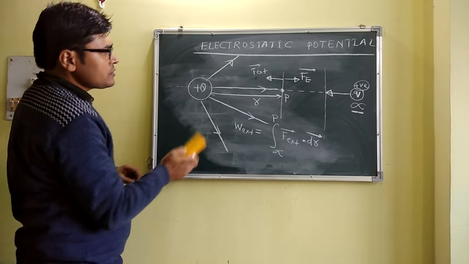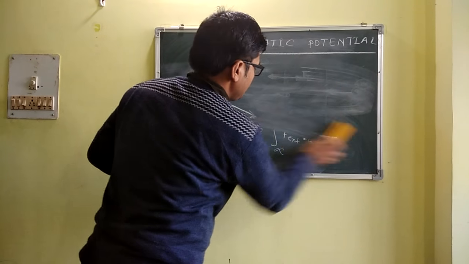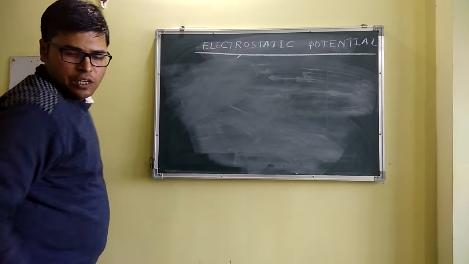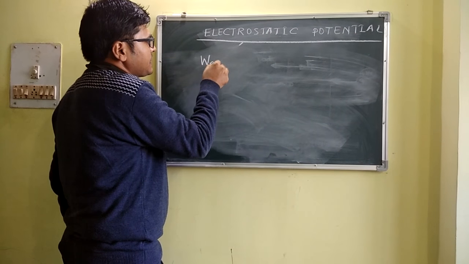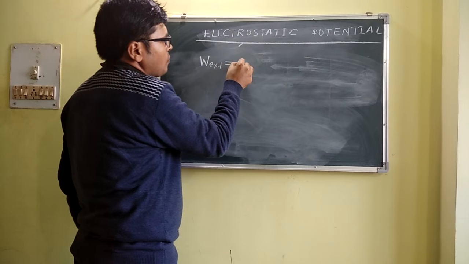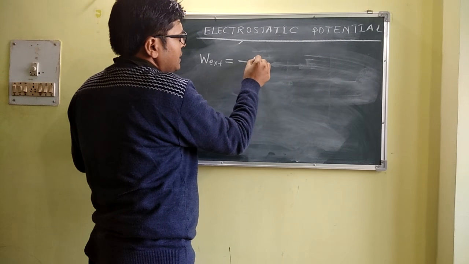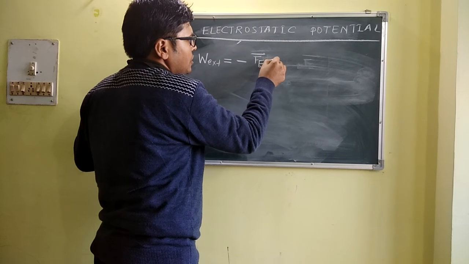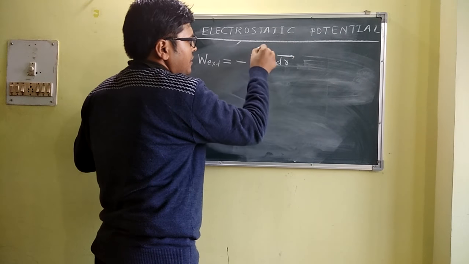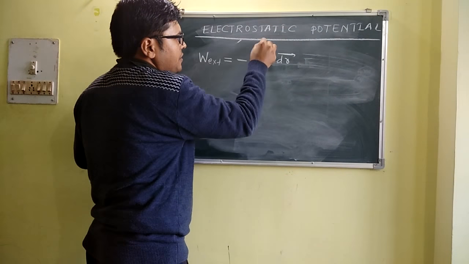Now, we can also write this W external is equal to minus of F electrostatic dot dr, right?